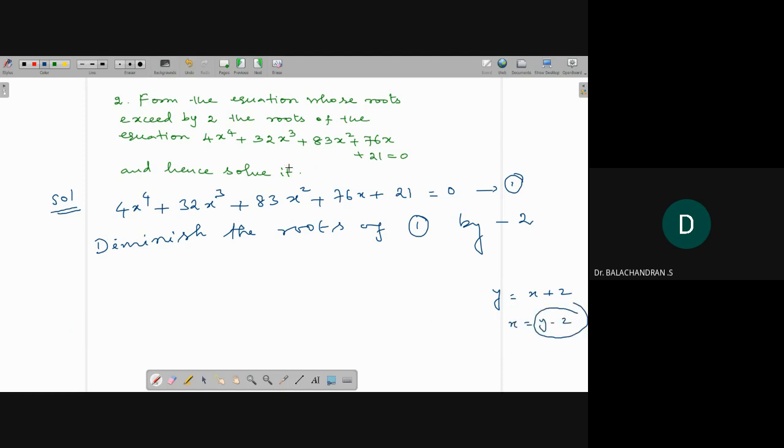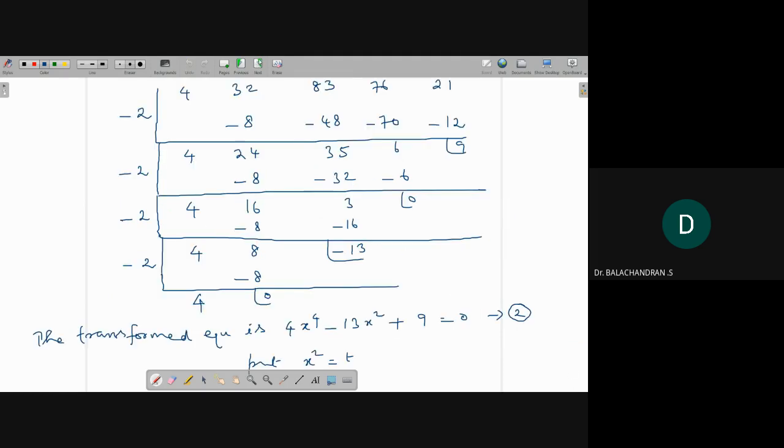Only the first term is a little bit problematic because it is power 4. The remaining terms are power 3, square, and just x. So you can verify. You will get the transformed equation.